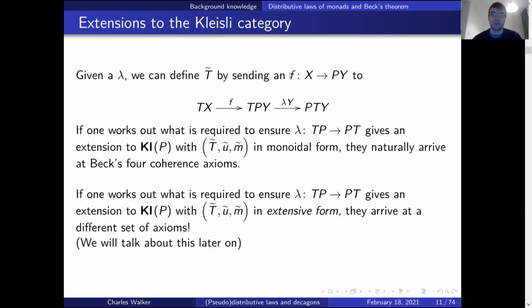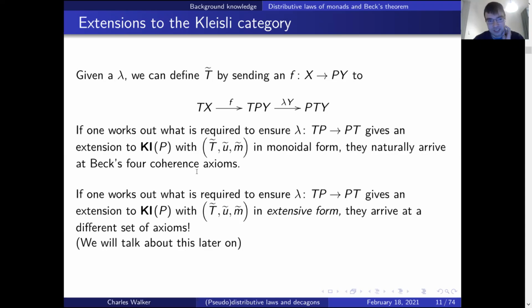So we send a morphism F from X to PY to this composite, F followed by a lambda of Y. And if you work out what you require to ensure that this given lambda gives us an extension to the Kleisli using the usual monoidal form definitions of monads, then you'll naturally arrive at Beck's 4 coherence axioms for distributive laws.